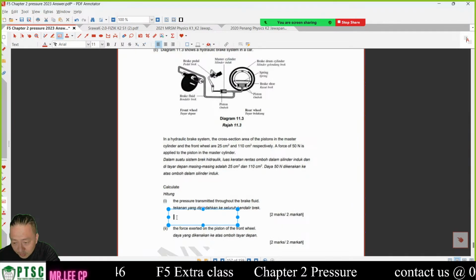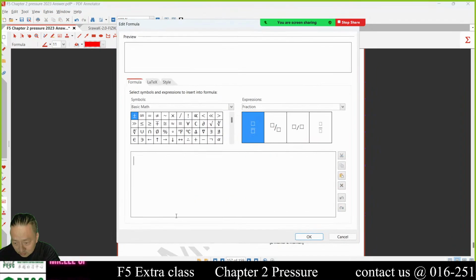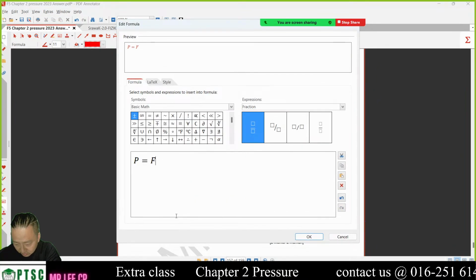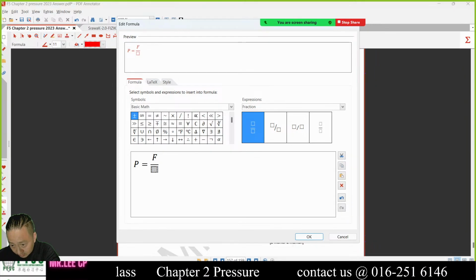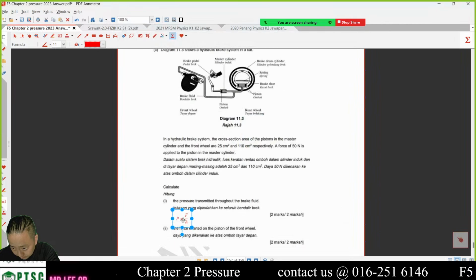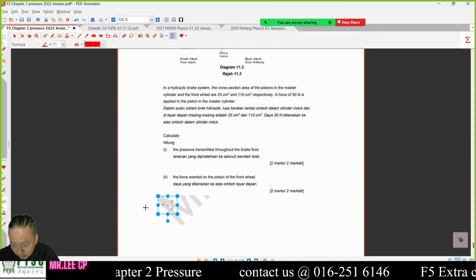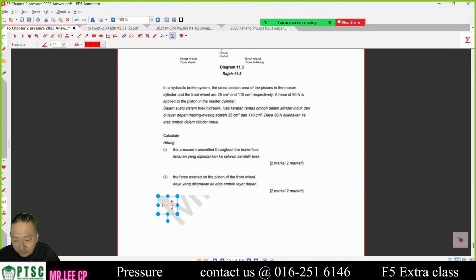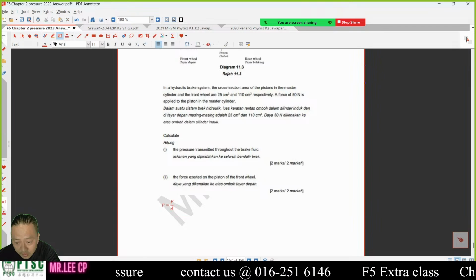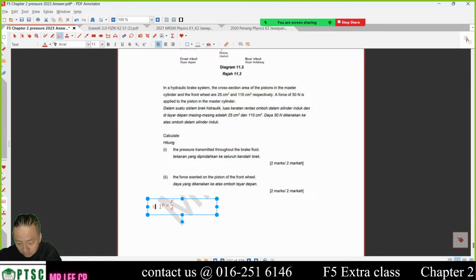calculate the pressure. Pressure is equal to force over area. Okay. I'll write it here. Here there is space. Alright. Number one, pressure is equal to force over area. Pressure, I don't know, I want to find it.